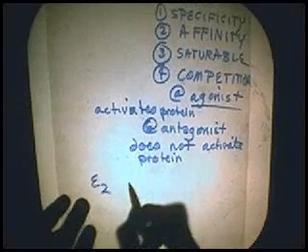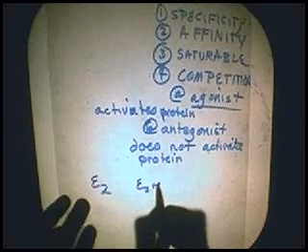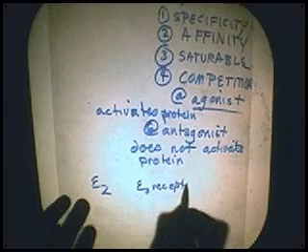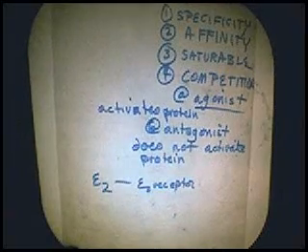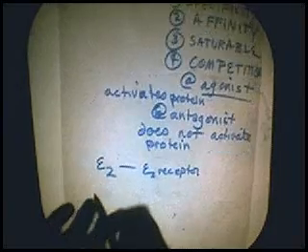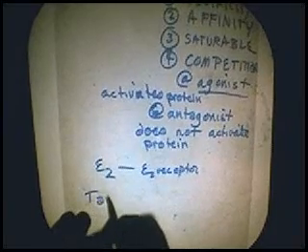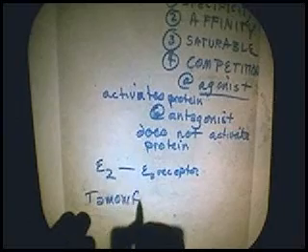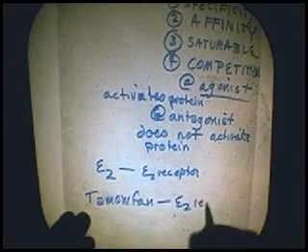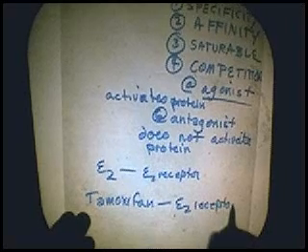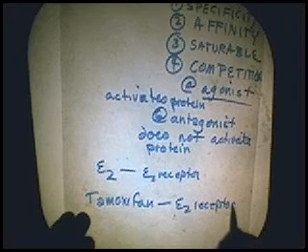Estrogen has an estrogen receptor. And when estrogen binds to the estrogen receptor, it activates it. There is a chemical, a drug called tamoxifen, that also binds to the estrogen receptor, and it actually has a higher affinity than estrogen.